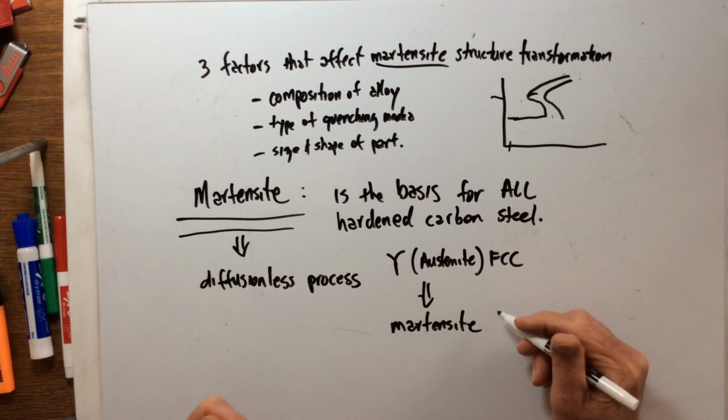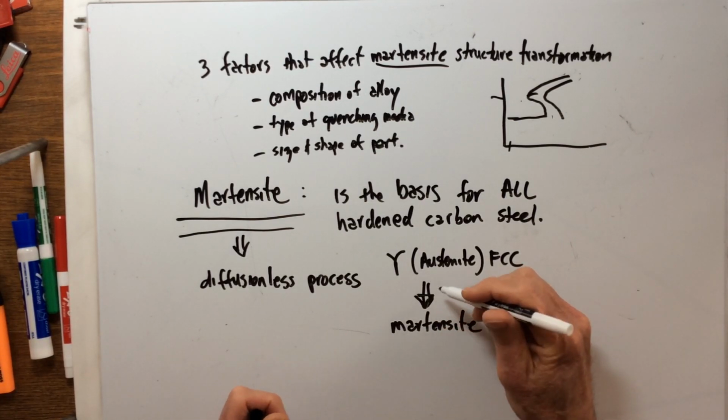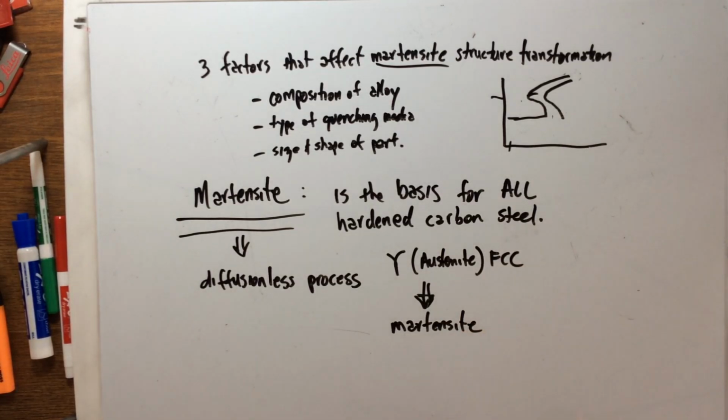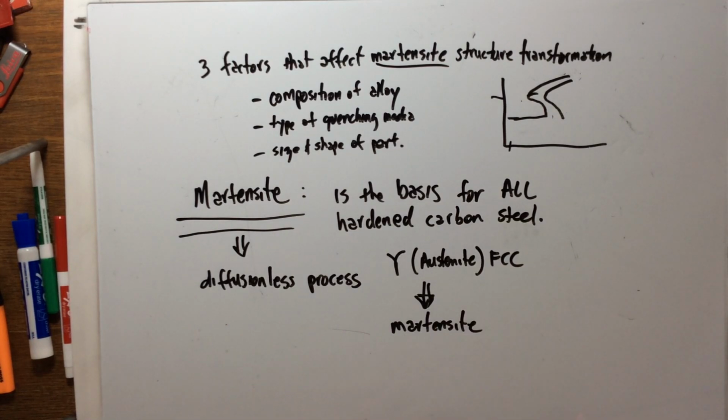It's more of a shearing process. It's what I call atomic bedlam. I mean, this stuff just instantaneously changes over, and so it doesn't have time to slowly diffuse out like it does in the phase diagrams.